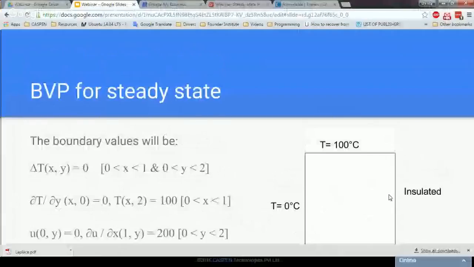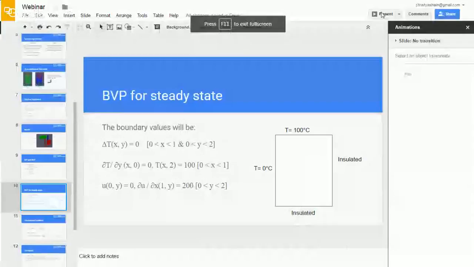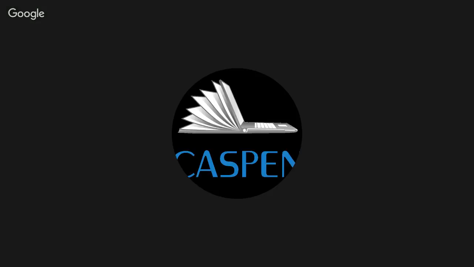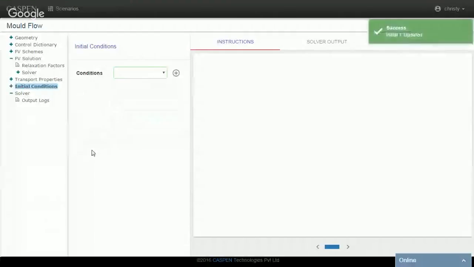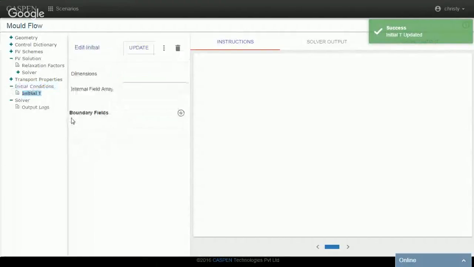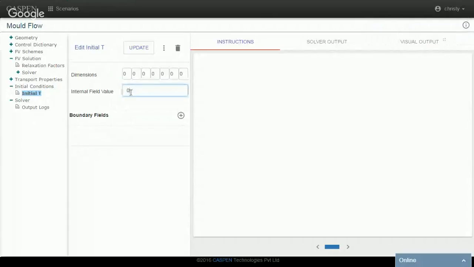So, with the boundary conditions, we'll quickly go and update the temperature, expand this, and go to initial T. We will give an internal field of absolute 0 condition, and we will set the dimension of the 4th to 1, being the 4th quantity holding the temperature.